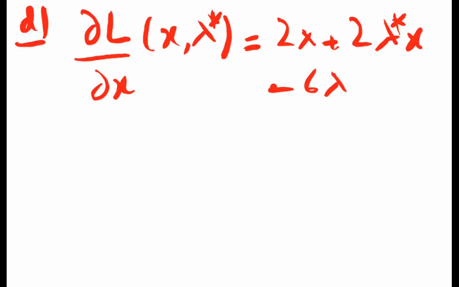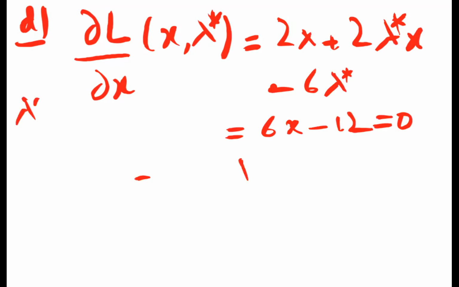When you solve this, you would have 6x minus 12 is equal to 0, and then you simply have again lambda star is 2. These are the original KKT conditions in which we are putting these values.